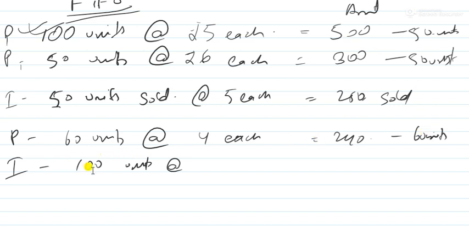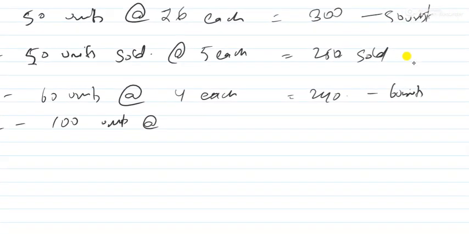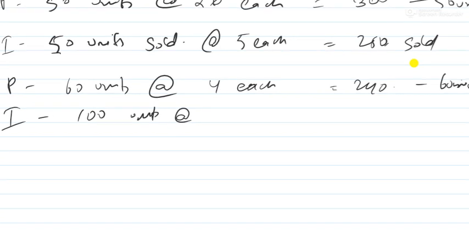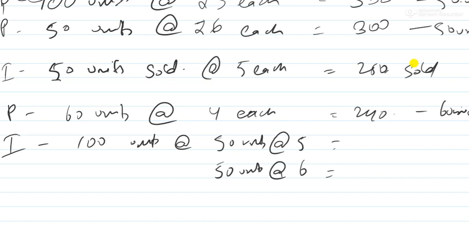Now I am issuing 100 units. So I'll issue 100 units from which? From this stock and from this stock. From both of them we'll issue it. How will we issue it from both of them? 50 units at the rate of 5 and 50 units at the rate of 6.